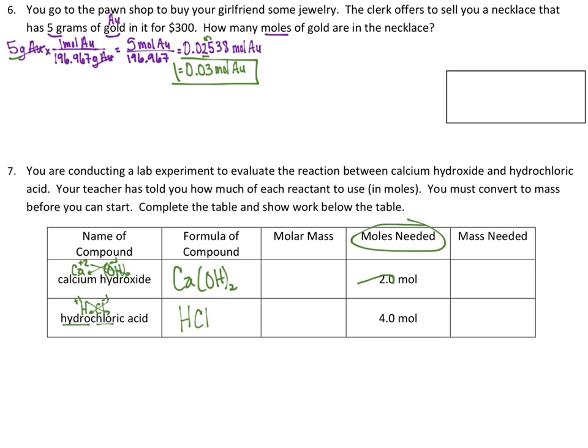Alright, so now we're going to calculate the molar mass for both. And so our molar mass for calcium hydroxide, we have 1 calcium. And again, we're distributing this subscript. So there's 2 oxygens and 2 hydrogens. I'm going to make this smaller. Sorry, I'm taking up too much space.